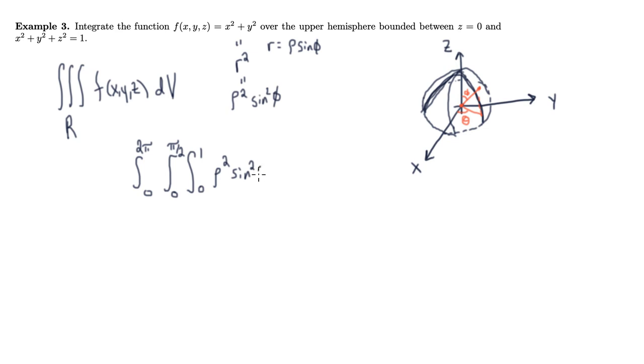But I'm converting to spherical coordinates. And then I have to add in what the volume element is. Well, that's rho squared times sine phi. And then let's get the order right. So we had d rho first, and then we went to phi, d phi, and then finally d theta.